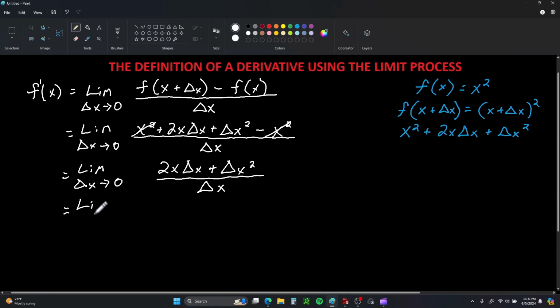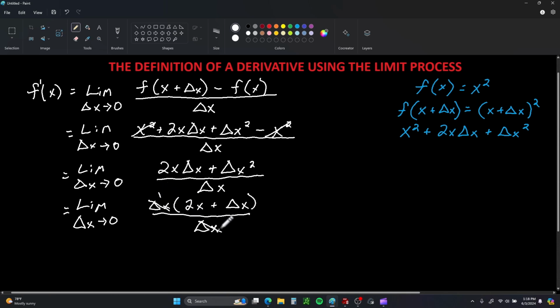So I have limit, I'm going to take out delta x. Remaining inside would be 2x plus delta x over delta x. Now this is the part of the algebra that simplifies it, that will allow us to apply the 0 in the limit.